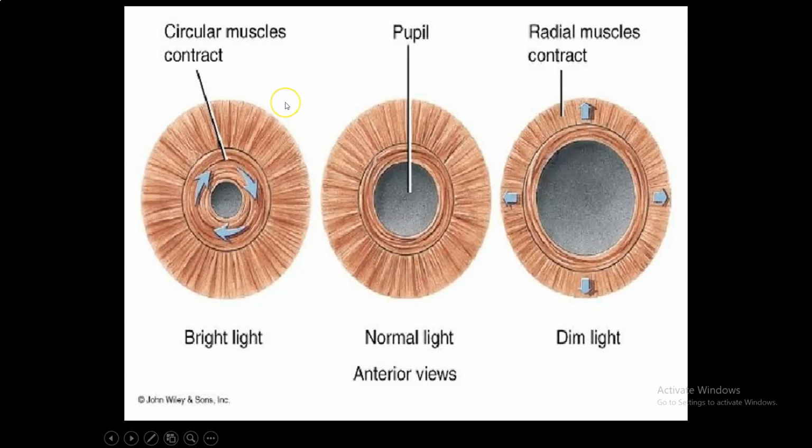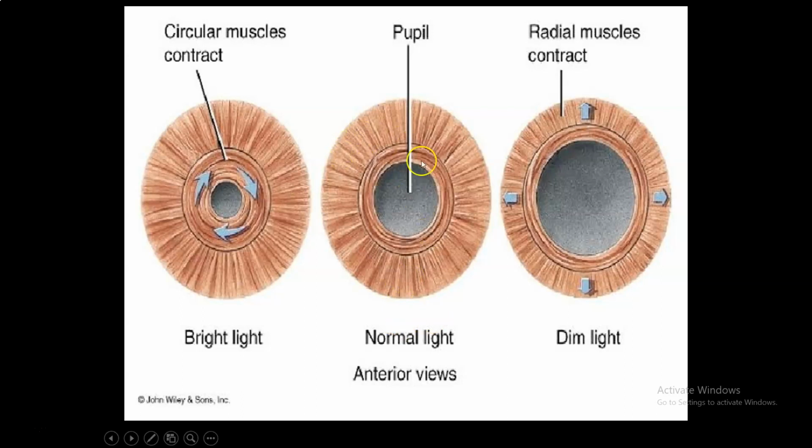And this is another nice view, anterior view. In bright light, you see that the sphincter pupillae will constrict, reducing the size of the pupil, and the dilator pupillae is relaxed.